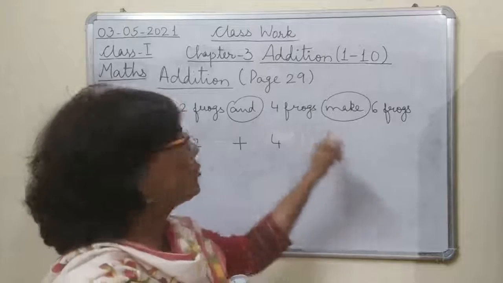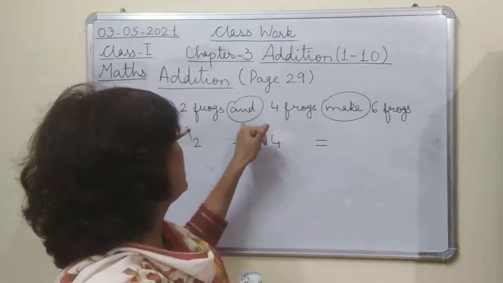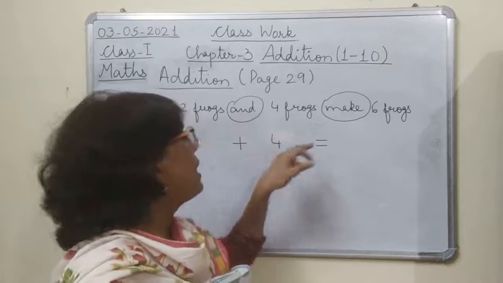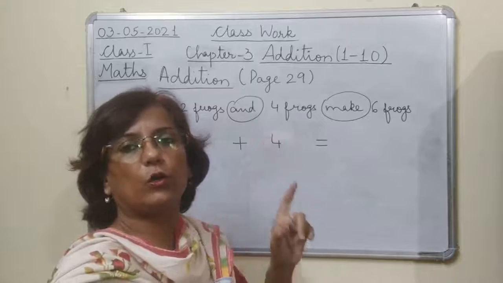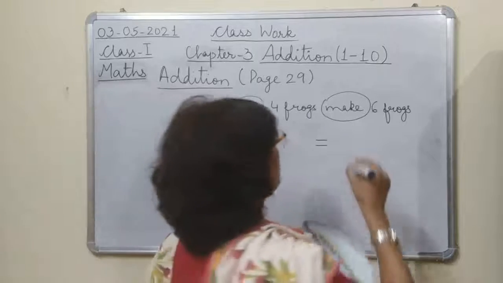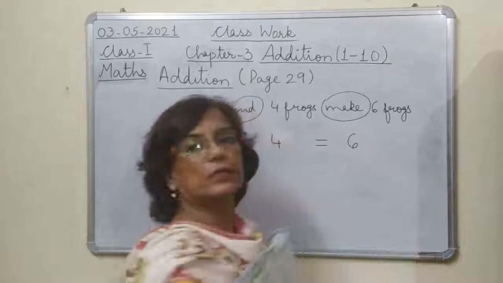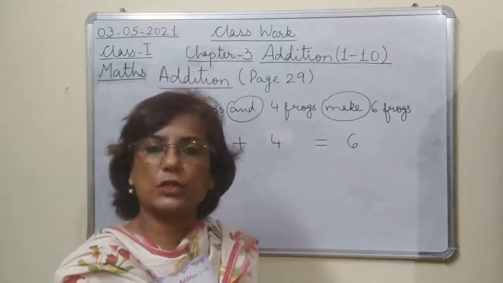So जब इसको हम मैथमेटिकल फॉर्म में लिखेंगे, so in place of and we have used the symbol of plus and in place of make we will use the symbol of is equal to. So 2 plus 4 is equal to 6.